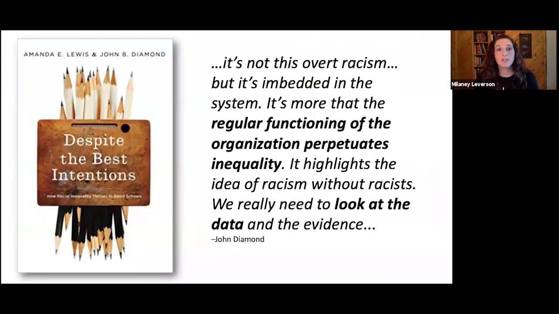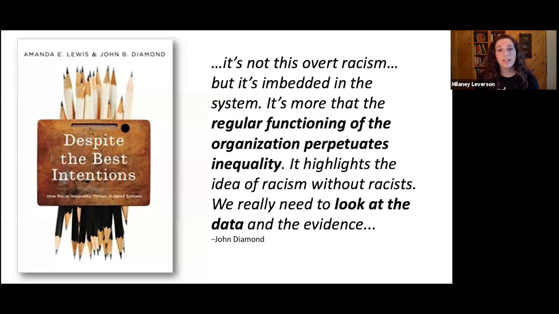So this is what I mentioned when I said to Jill that we actually have a slide coming up that talks directly about this, the Is My System Cheating on Me title. And this book is part of the reason that we came up with that title. It's called Despite the Best Intentions, and it's a great read for understanding why Wisconsin schools have these significant race-based achievement gaps.